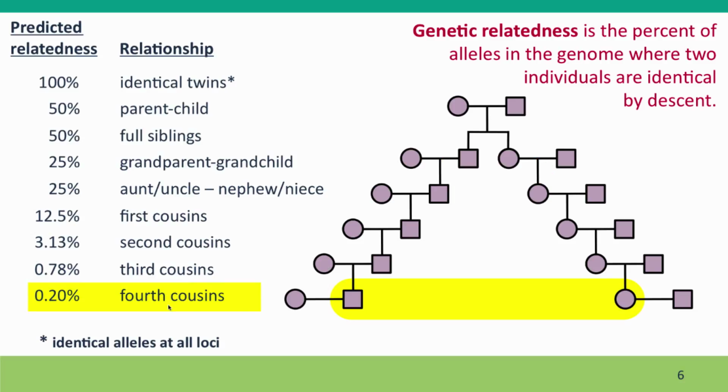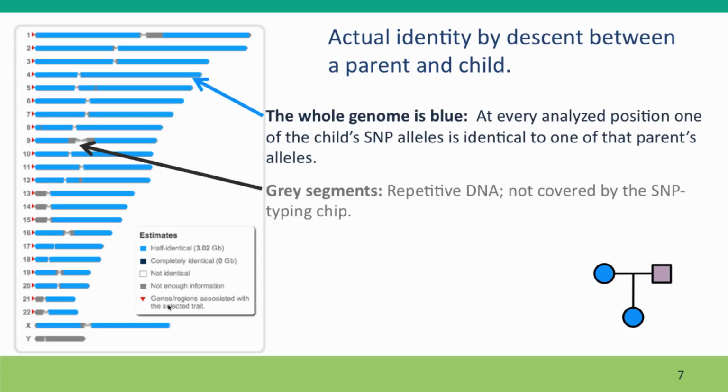Now let's look at some real genomes and see what real relatedness looks like. What I'm going to show you are diagrams generated by 23andMe when members of different generations of the same family have had their DNA tested. 23andMe will compare any two individuals, but in this case, what they've compared is a parent and their child.